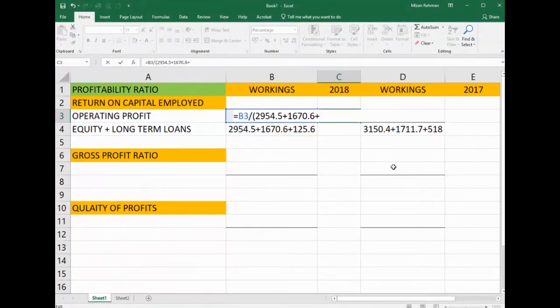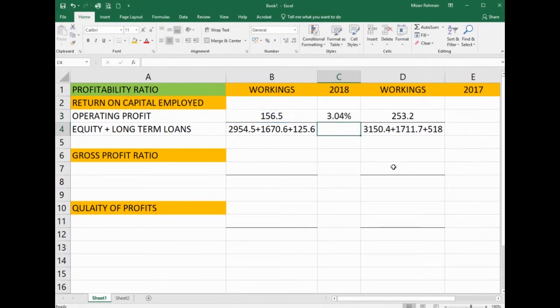It was an easy way of doing it, but I did it for the sake of comprehension. Next time I'll do the quick way. So if I press enter, it will give me the result 3.04.